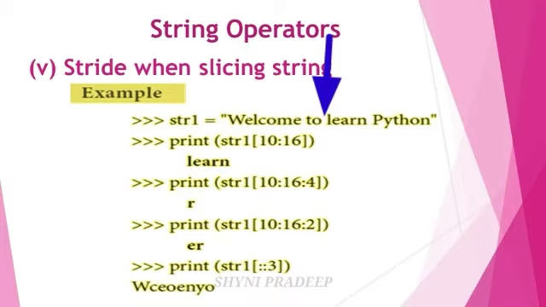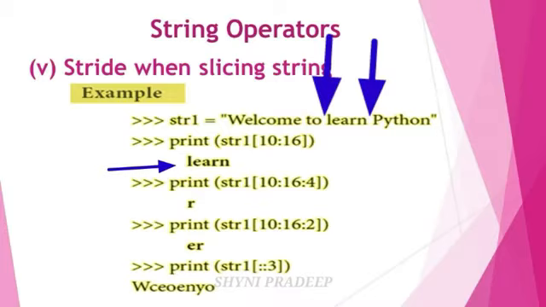So here you have to start, and next 11, L, E is 12, A is 13, R is 14, N is 15, and the next blank space is 16. So here you have to print from here to here. It will be printed on the output screen.